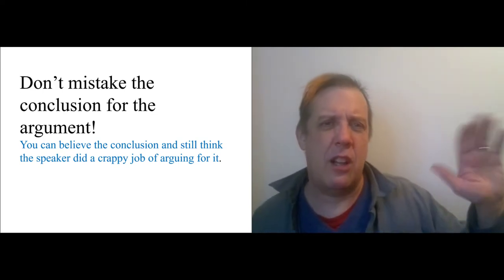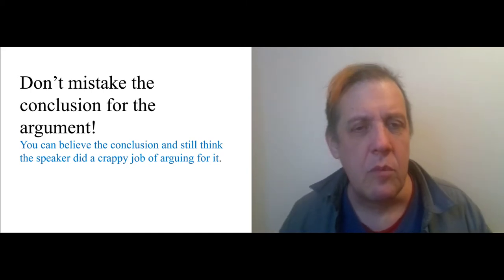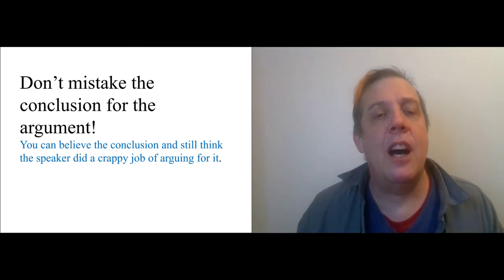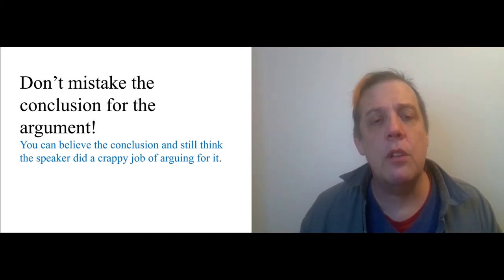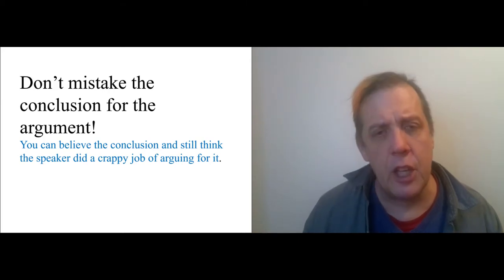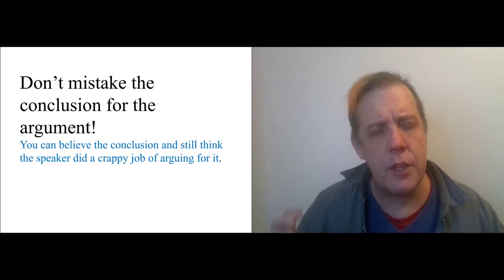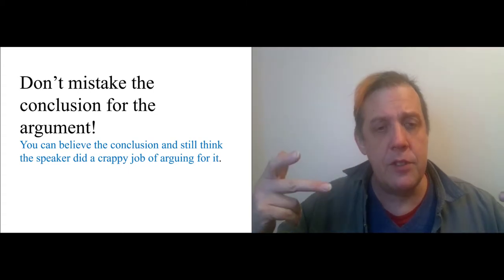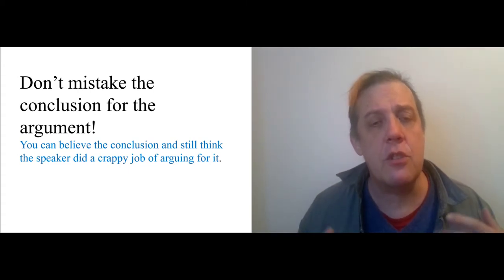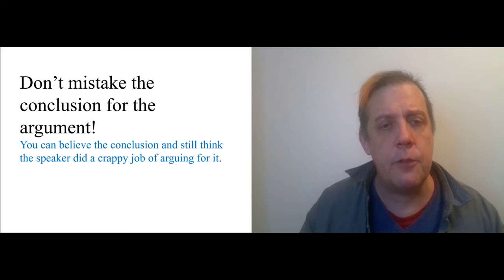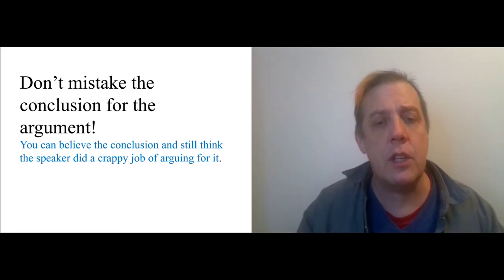We'll talk about that in the last bit of the movie. Nevertheless, you need to remember that you're not evaluating the truth of the conclusion when you evaluate an argument. You're evaluating the truth of the premises, and you're evaluating the quality of the inference from the premises to the conclusion.